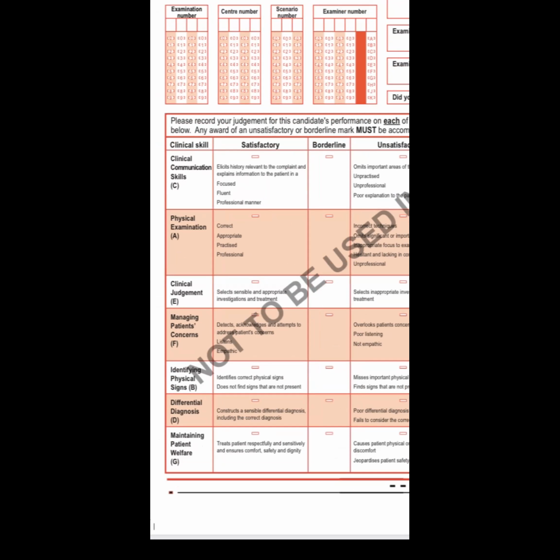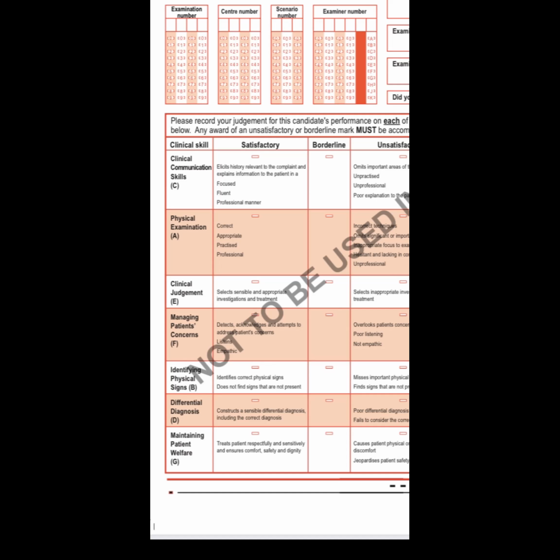So if you mention a physical sign which is not there, you can still pass the exam because it will affect only one skill. And this skill, particularly, has a good pass window. So you can mention a finding which is not present, and still pass the exam.